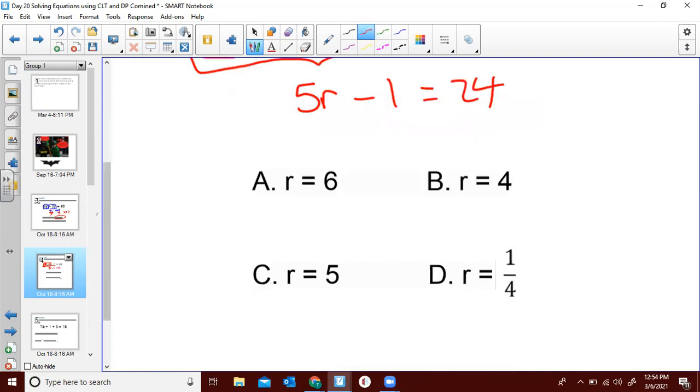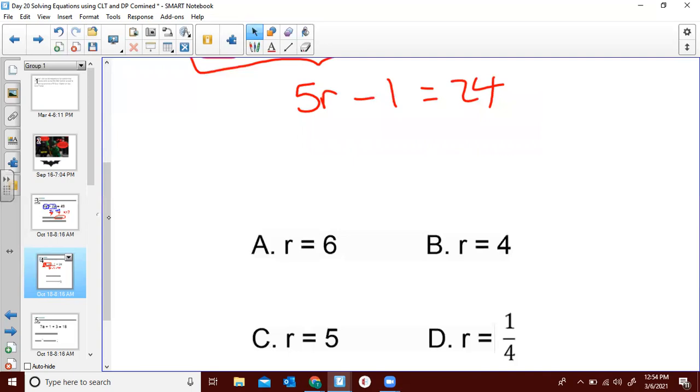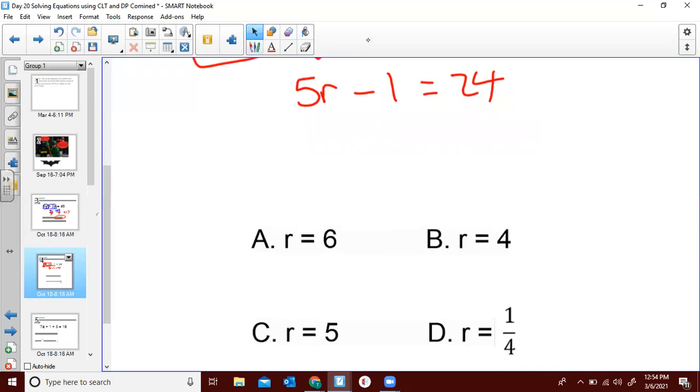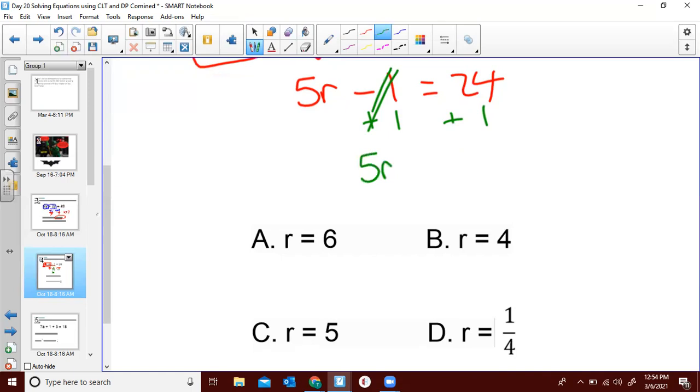All right, so what we have here now is just a two-step equation. I can't do anything with this 5r yet. But I want to get this 5r by itself. So I'm going to do the opposite of minus 1, which is plus 1. And when I do that, it'll cancel out on the left. Right, this cancels. And I will end up with 5r, bring down what we didn't use.